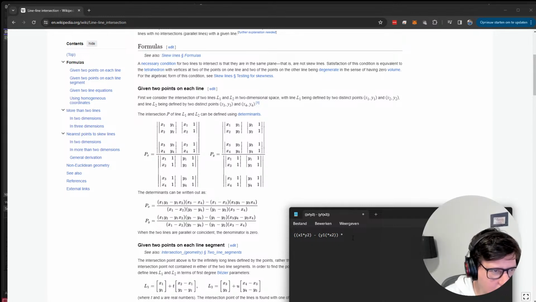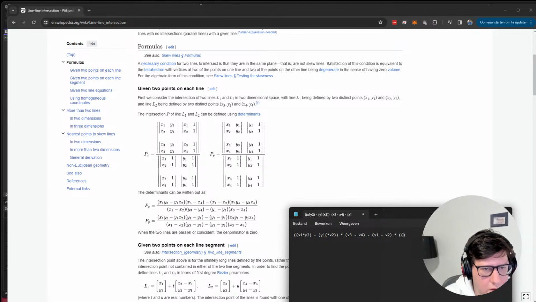This is a lot of writing. Let me see. And this one would be x3 minus x4. So when these are two next to each other here, is this a multiplication or a plus? Let me see. X1 minus x2. I just read that as times usually, but I'm not sure.